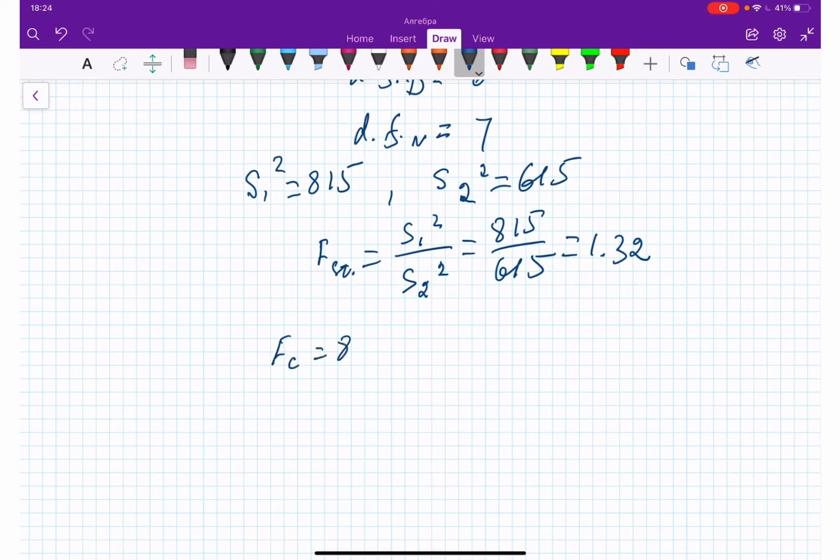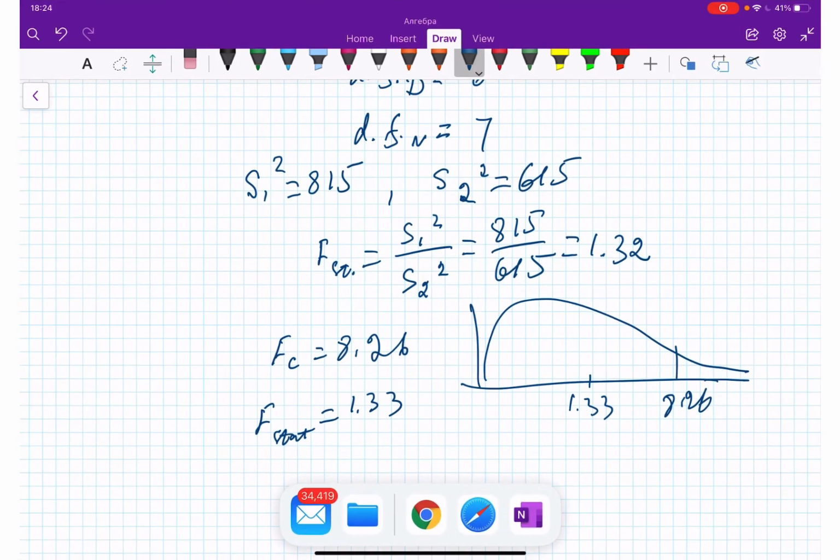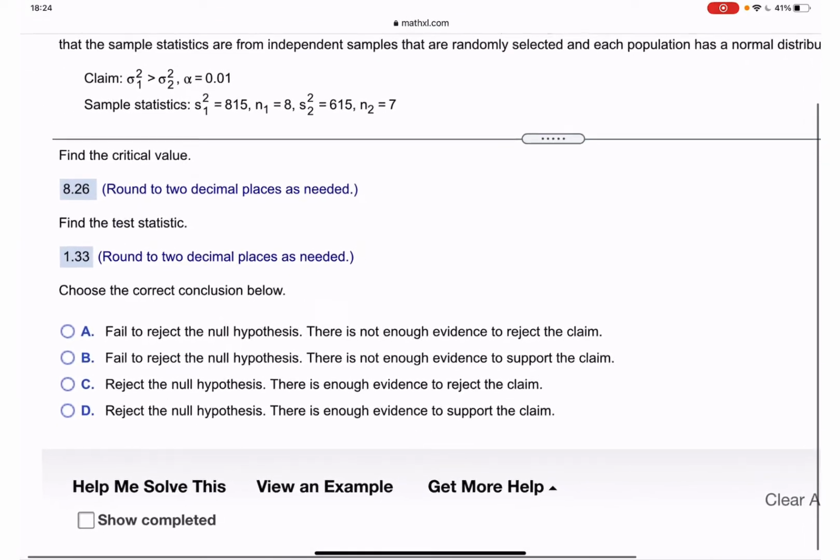F critical 8.26, and the F statistic is 1.33. Since we have critical value 8.26 somewhere here, and 1.33, it's falling in the healthy area, which means we fail to reject the null hypothesis.